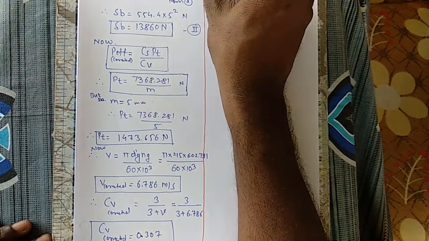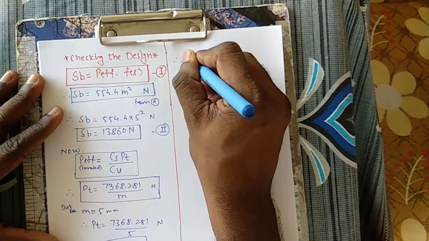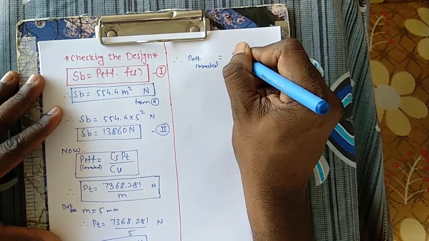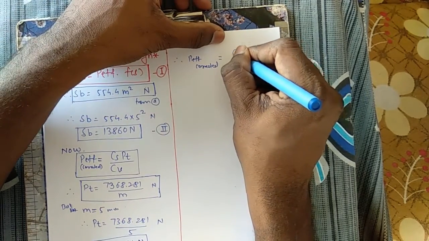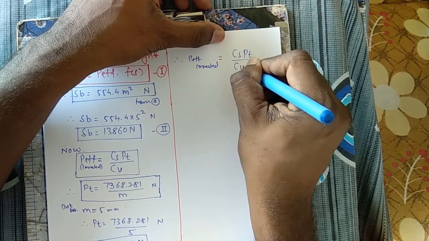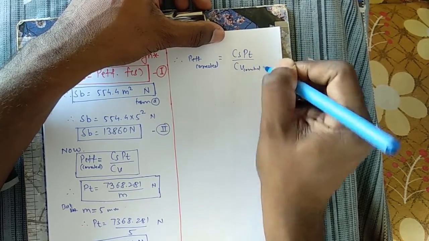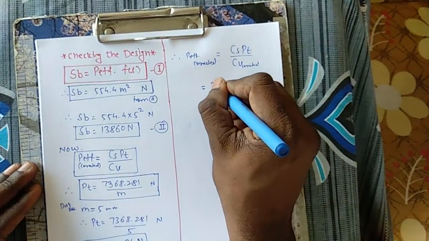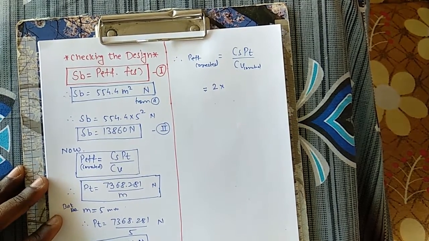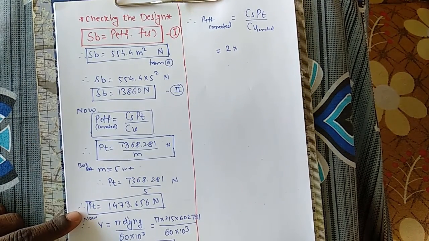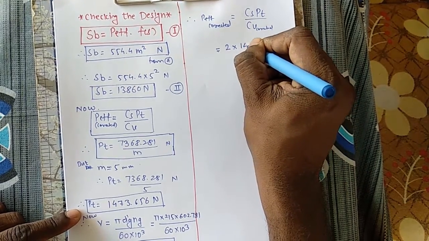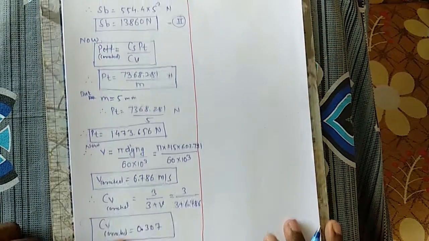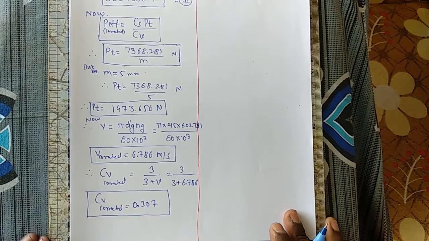So we will calculate the corrected P effective, which is equal to CS PT by CV, and this CV was also corrected. CS is a service factor, which was given as 2 in the problem. We have also calculated the value of PT as 1473.656, and CV we have calculated as 0.307.